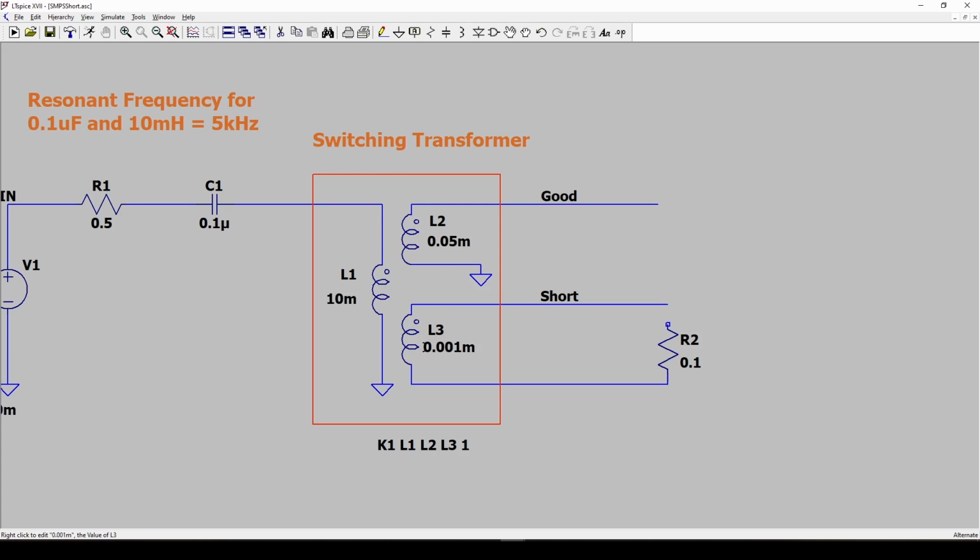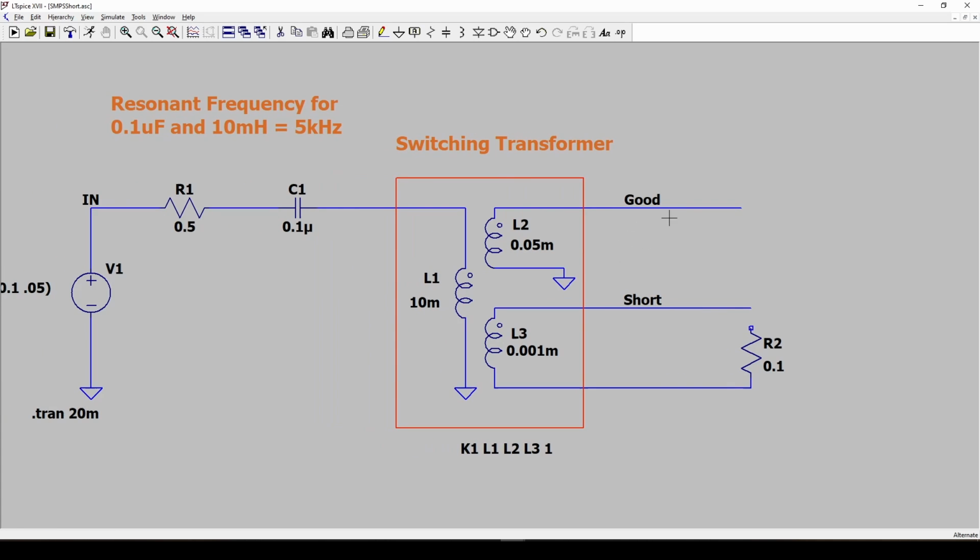And the shorted turn, I've given it a very, very low inductance of 0.001 millihenries. This is just kind of a ballpark value, but it's a very low inductance. It's only one turn. And I've got here a 0.1 ohm resistor that we can apply to this and see how it impacts what we've called the good winding, the good output voltage, like in an ATX power supply, it might be 12 volts DC coming out.